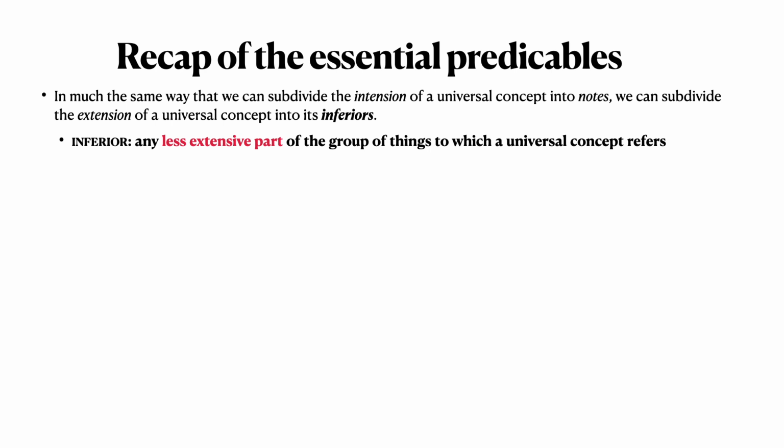So just like we can unpack all of the notes that are involved in lion, and we can put each one of those notes into a category in the 10 categories, we can also talk about individual lions and their relationship to the universal lion, or the universal animal, or any other universal that they're a part of, and we can categorize the relationships between any one inferior and any of the universals of which it is a part.